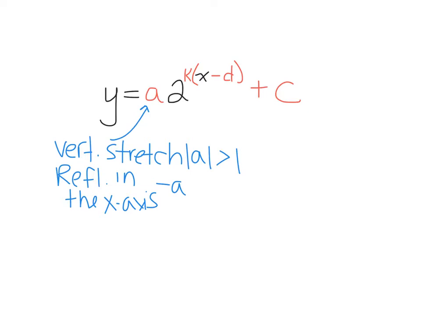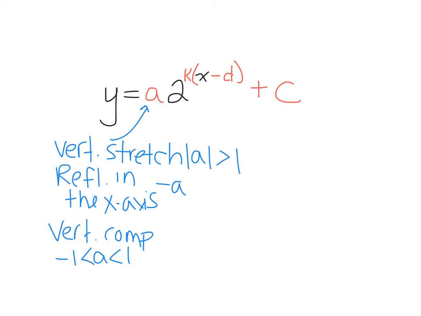So if a was like 2, 3, 4, 5, 6, it's going to be a stretch. And you kind of just ignore the negative, because even if it's negative 2, negative 3, it's still a stretch. Whereas it's a vertical compression if a is in between negative 1 and 1. So if a is like a half, a quarter, it's going to be a compression.